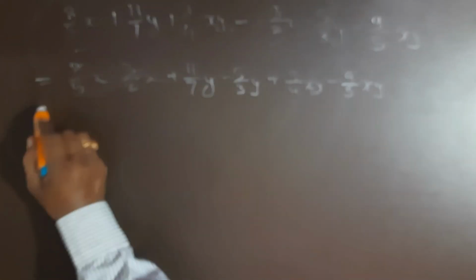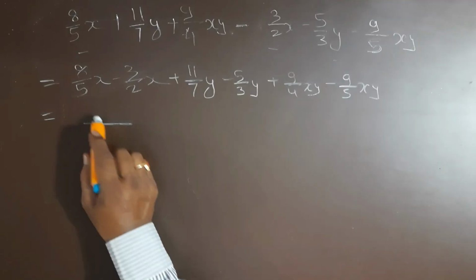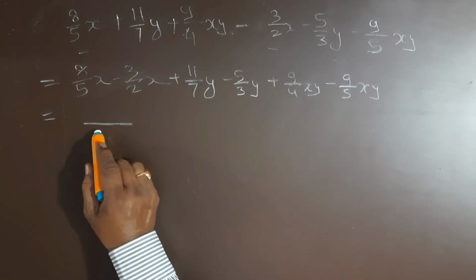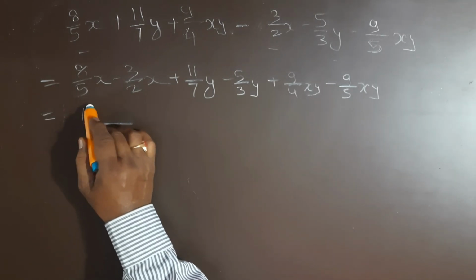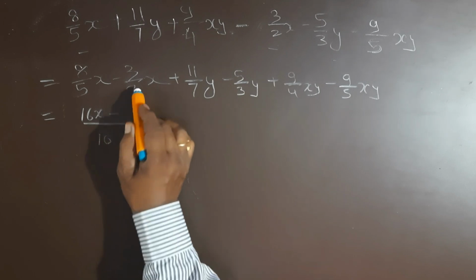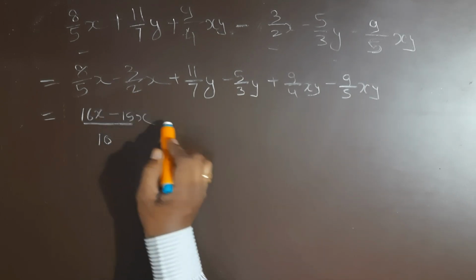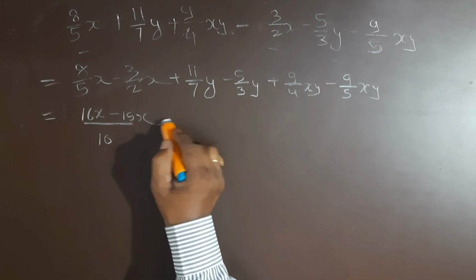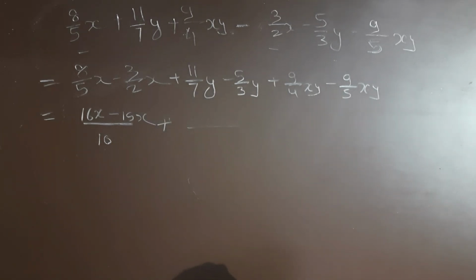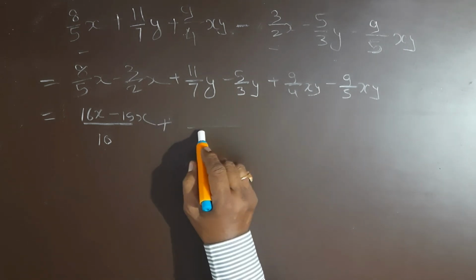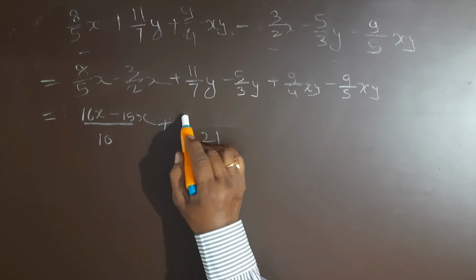Now what we'll do, we'll make the LCM of these. 5 and 2 LCM will be 10. 5 2s are, so 8 2s are 16x. 2 5s are, so 5 3s are 15x. Plus 7 and 3 LCM is 21. 7 3s are, so 11 3s are 33y.